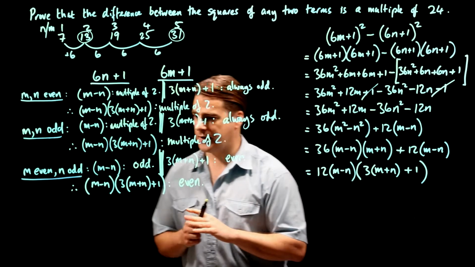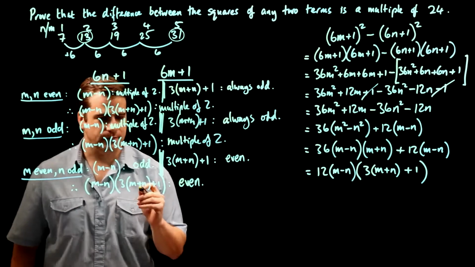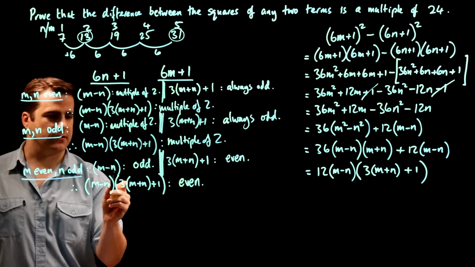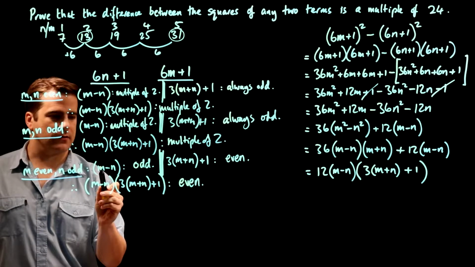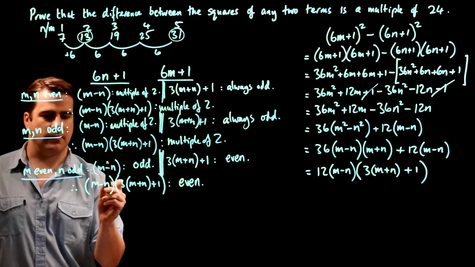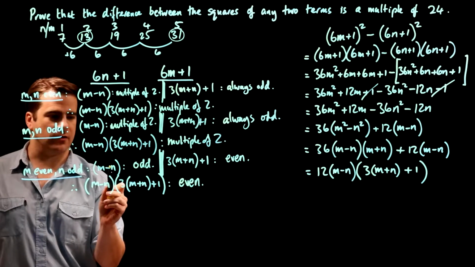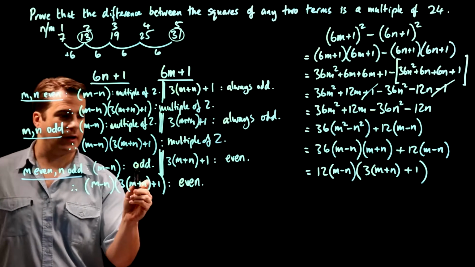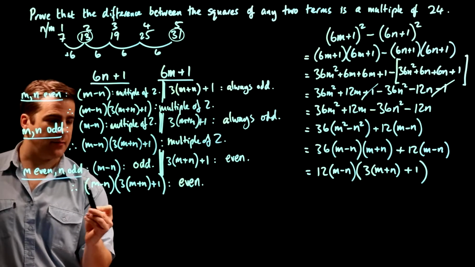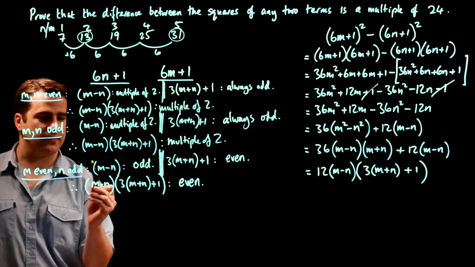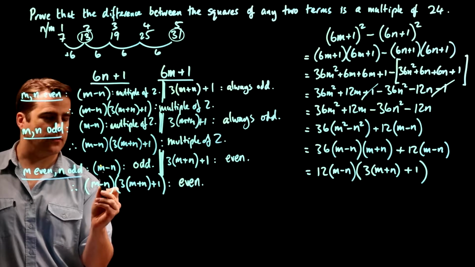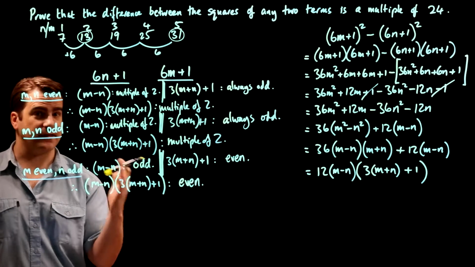Well, we know that m minus n, with m even and n odd, can be as low as 1. That can be as low as 1 because m is even this time and n is odd. So m could be 7 and n 6, for example.